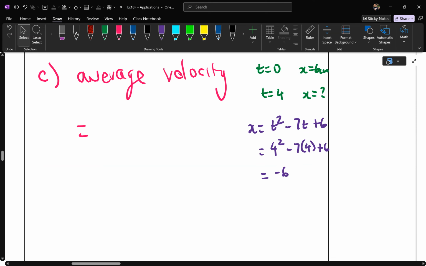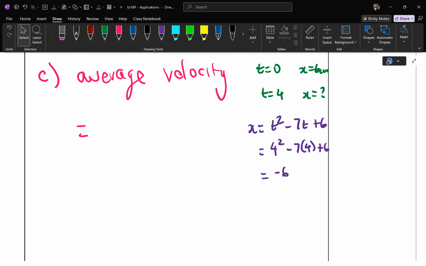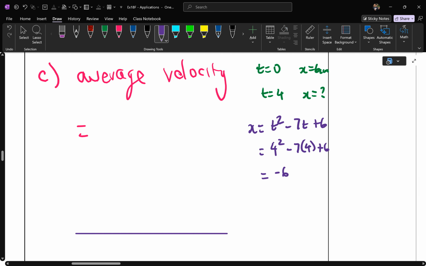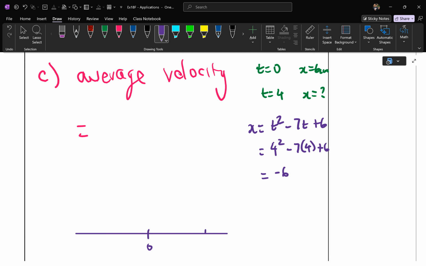Now I want you to look at the diagram. Hopefully you've drawn the diagram in your own problem. Have you noticed something? There's a difference between distance and position now. I'll draw it again, just so you can visualize what's happening. So here's the origin. You started 6 centimeters away on the right-hand side of the origin at t equals 0 initially. 3.5 seconds later, you ended up at negative 6.25 centimeters, left of the origin.